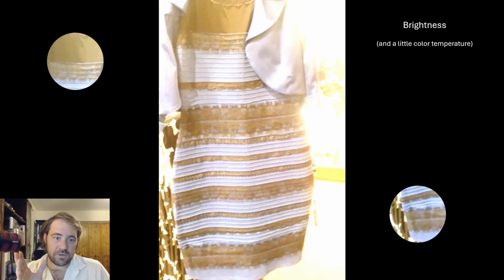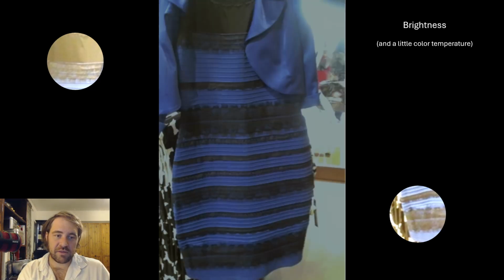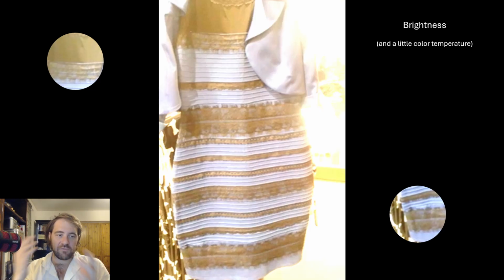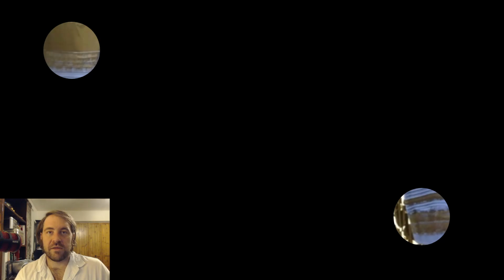Really white and gold. So all we're doing is changing the brightness and correcting for the color temperature a little bit. Correcting for color temperature is basically doing color constancy, but digitally, with a device. Okay. Here's again pictures from the original dress.